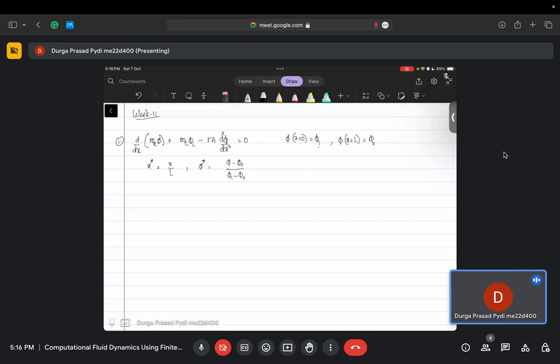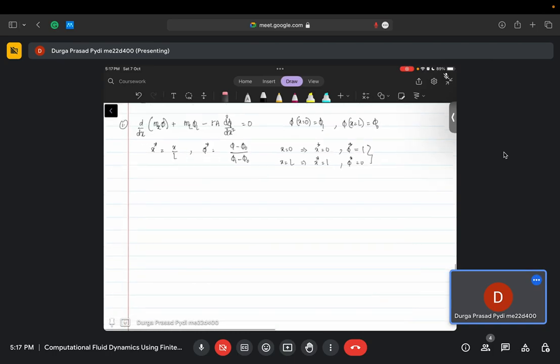If I non-dimensionalize in this way, at x equal to 0, that is x star equal to 0, we have phi star to be 1, and when x equals L, that is x star equal to 1, your phi star will be 0. So these will be my new boundary conditions.